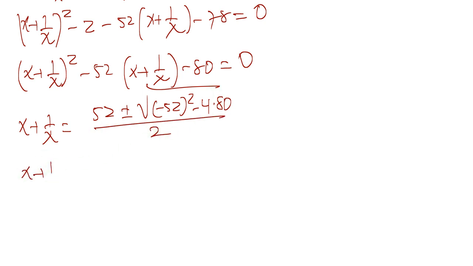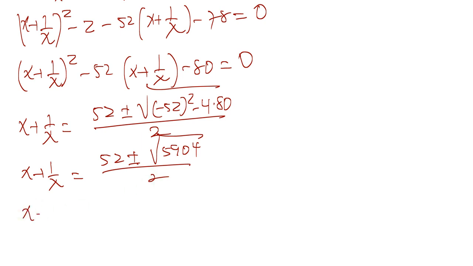So x plus 1 over x is equal to 52 plus or minus the square root of what is inside here, which will give us 5904, all divided by 2.